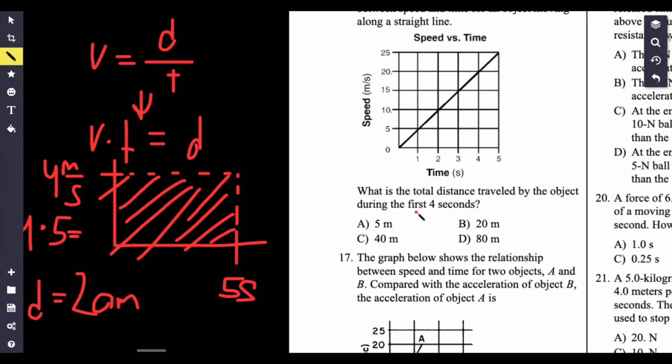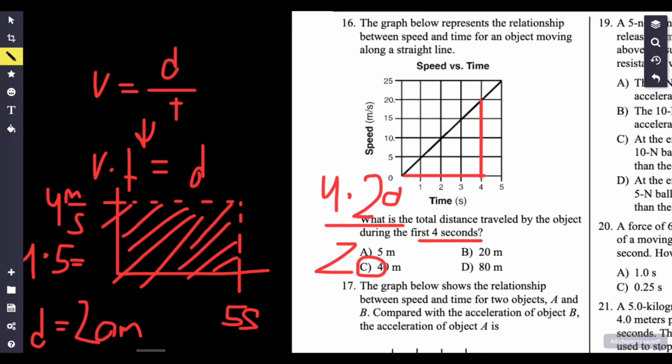In this case, I'm trying to find the total distance during the first 4 seconds, and that is literally just going to be the area underneath this curve. It's the same intuition you would use for simpler problems like this. So I know that my triangle is 4 times 20 divided by 2, so I'm going to get an answer choice of 40 for number 16.